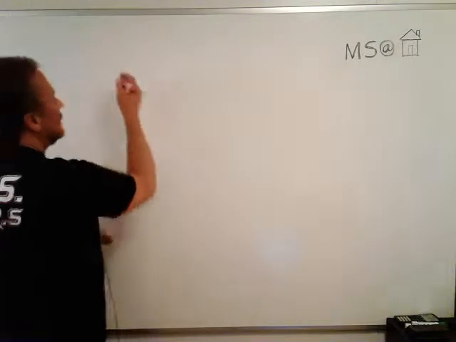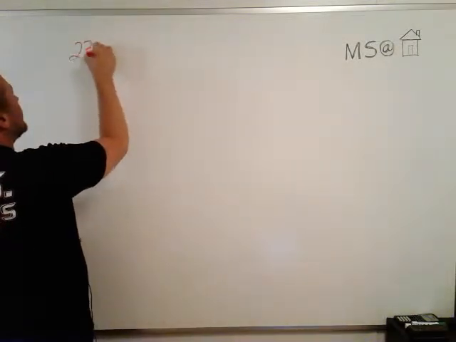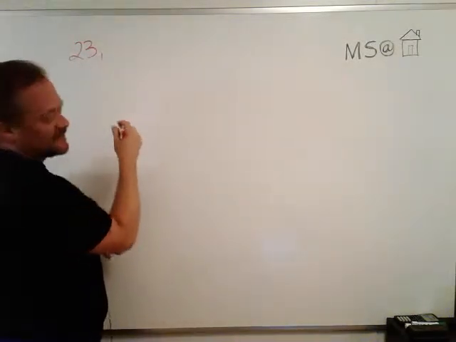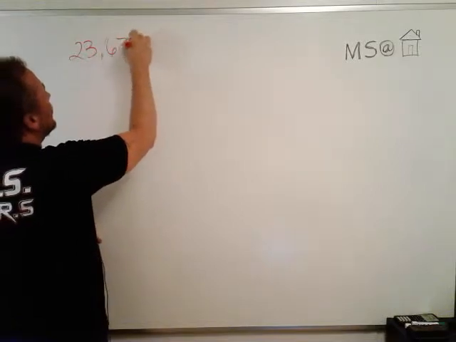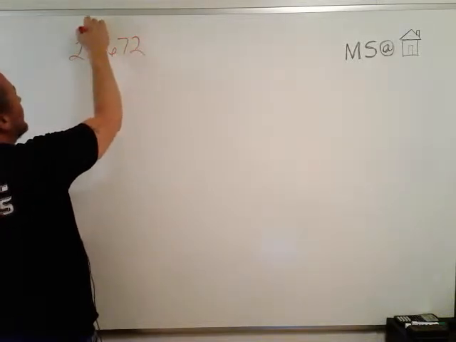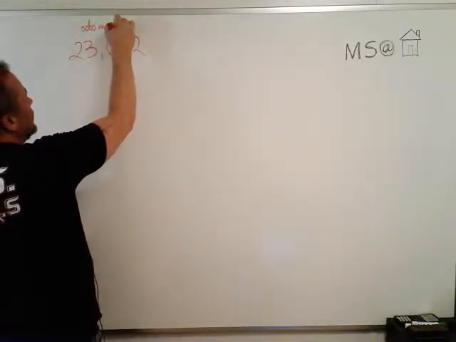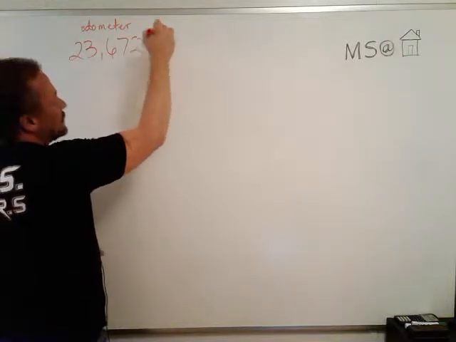So it shows the total miles that your car has gone over its entire lifetime. This one says it's gone 23,672 miles. And I'm gonna remind myself that that's the odometer.